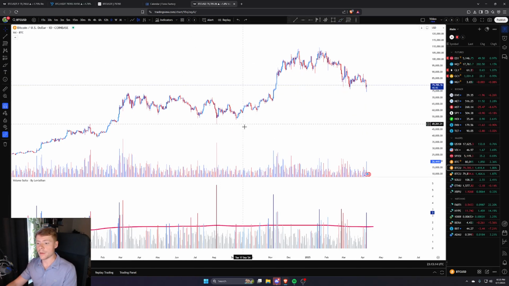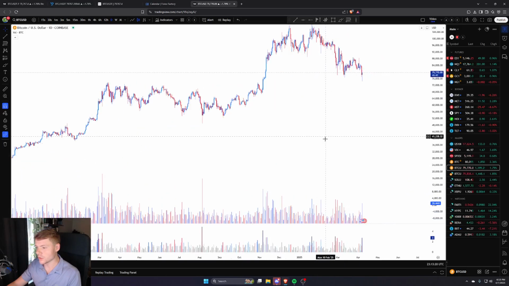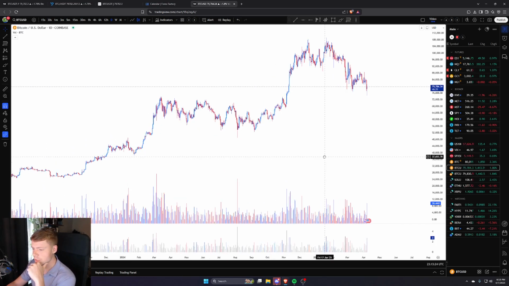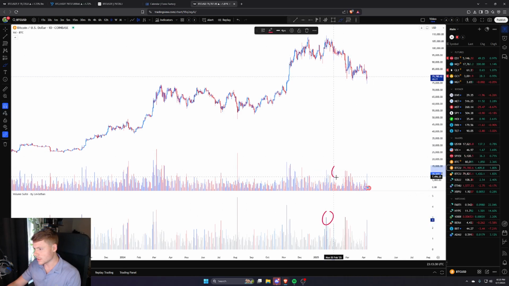No. I think you should know, on the longer time frames, kind of what the relative volume is, so you know when it's high and when it's not high. I have relative volume here. This is volume sweep by Leviathan, and then I just have regular volume. You can see it's very similar, but not the same. Like here, it didn't calculate this one the same.